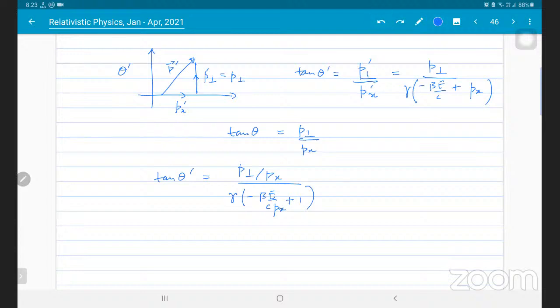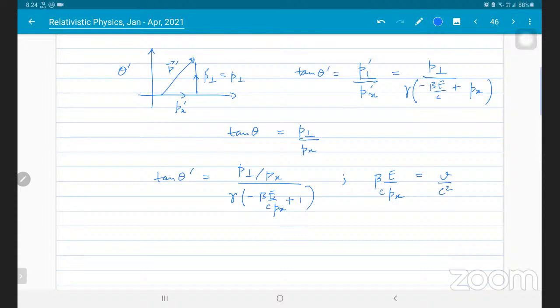All right. So now in this expression, what do you get? In the denominator, you have gamma, and then you have this expression beta E by C Px. Now what is this quantity? So beta is V by C, so this becomes V by C square.